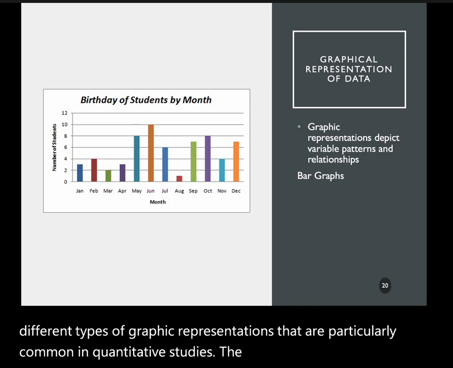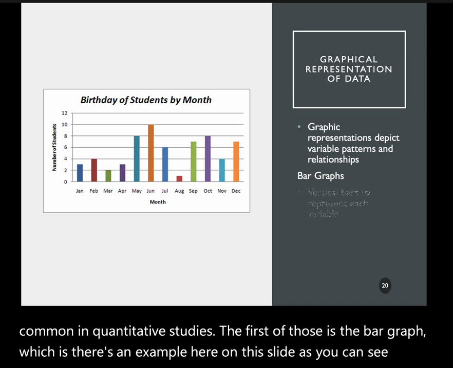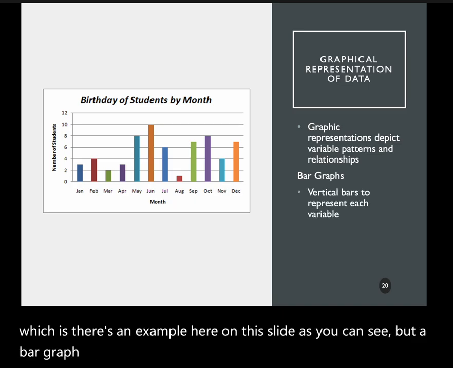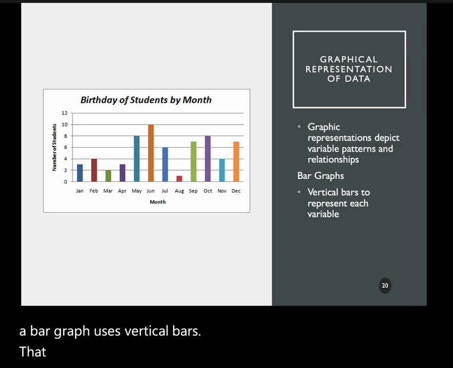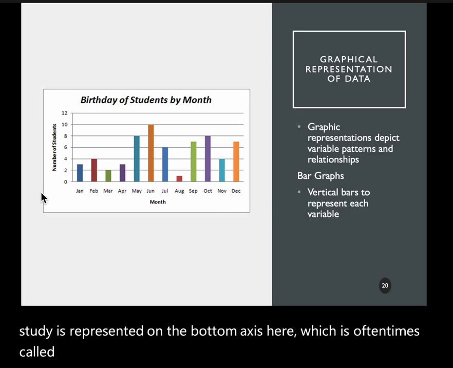The first of those is the bar graph, and there's an example here on the slide, as you can see. A bar graph uses vertical bars that represent each variable in a study. Each variable is represented on the bottom axis, which is often called our x-axis.